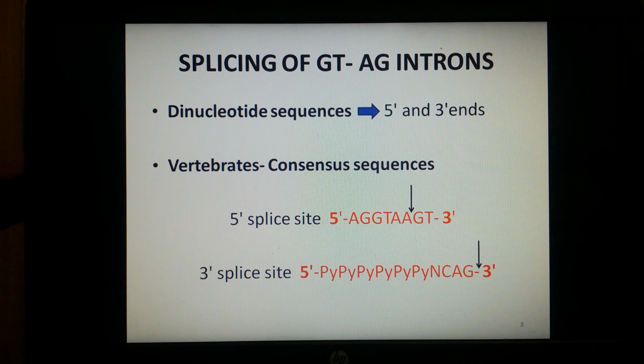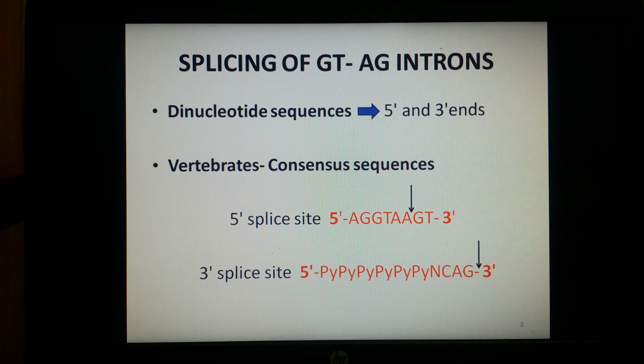In vertebrates, this full consensus sequence for the 5' site is 5' AGGTAAGT 3', and the 3' splice site in vertebrates is 5' (PY)6 N CAG 3'. Here PY in the 3' splice site indicates the position where either of the 2 pyrimidines can occur.